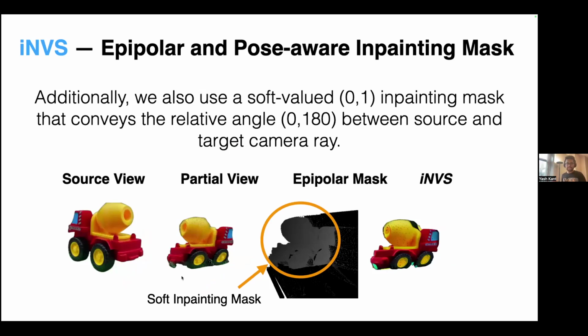For example, here, we want to generate this object from almost an opposite viewpoint. And in this case, we want the inpainter to not just edit the new pixels, but also the pixels that were reprojected by a reprojection mask. And for this, we use the soft valued inpainting mask that tells what is the angle between the source view and the target view at every pixel. That is why this mask is smooth, and it has this small gradient, which shows the angles at every pixel.